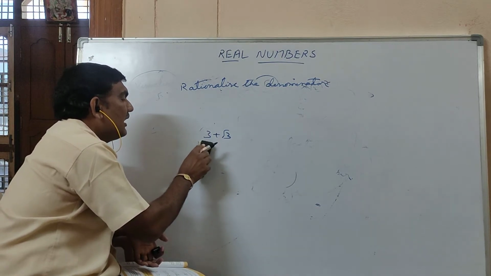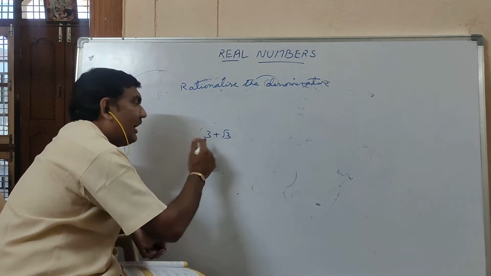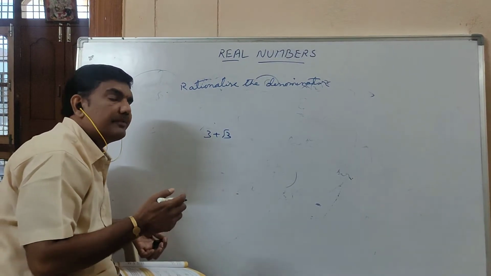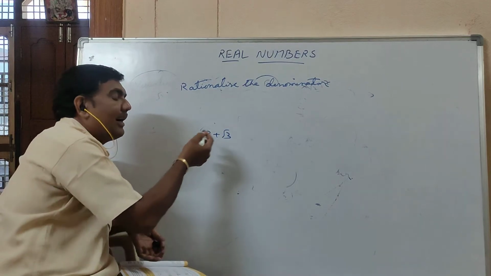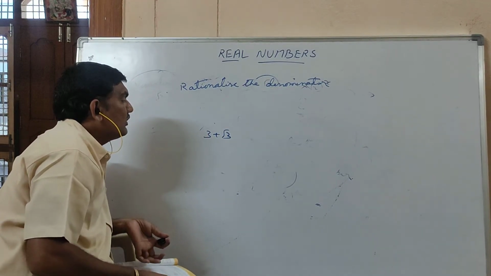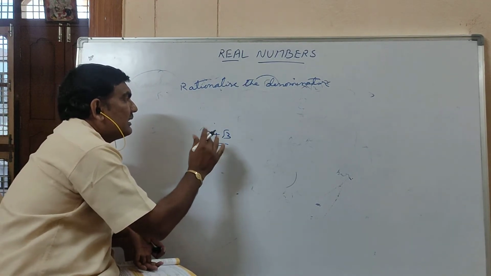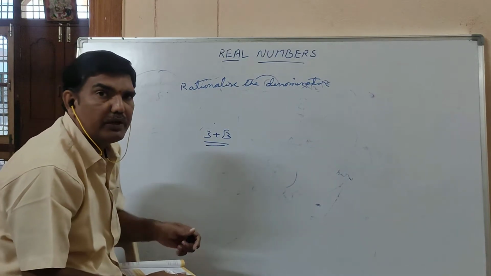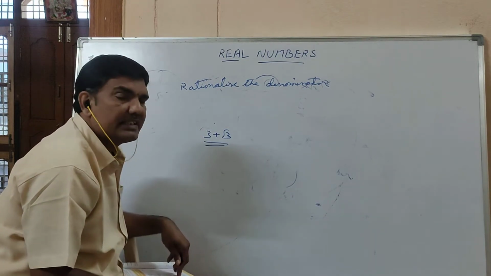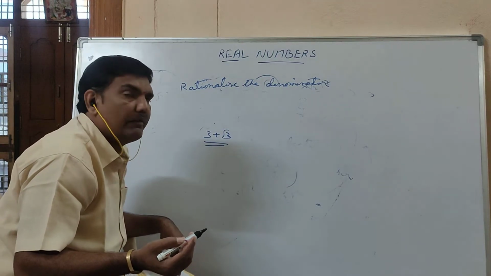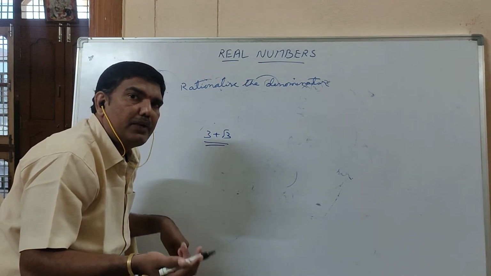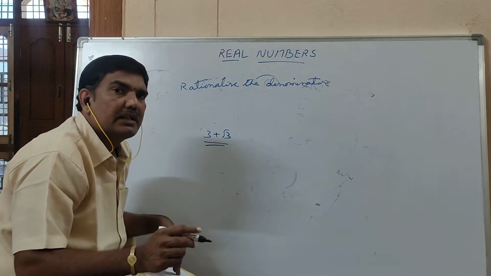One is a rational number, the other is an irrational number. We can't add them. We can multiply. 3 into root 3 is 3 root 3. We can multiply it, but we can't add them. So I want the rationalizing factor for this. What I said, rationalizing factor is nothing but that with which you have to multiply to get a rational number, I said.